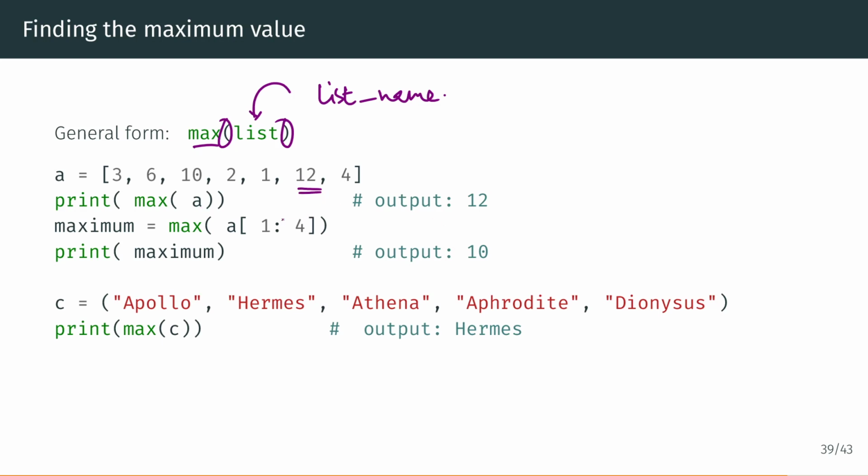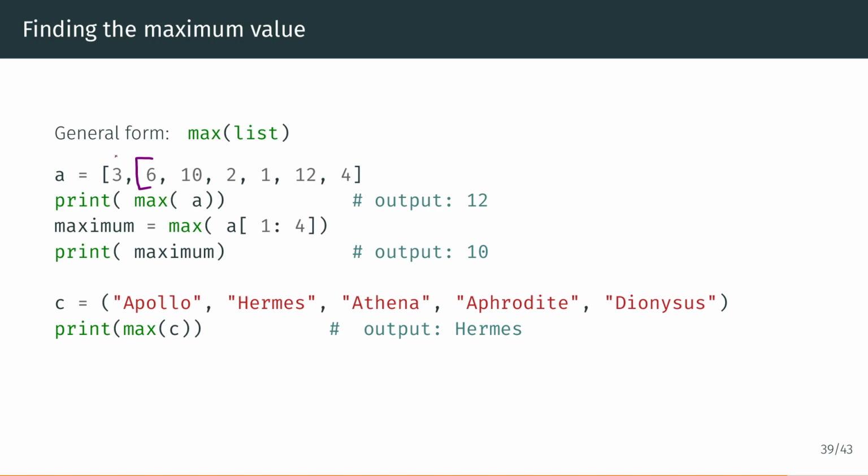You can also use this max with the sublist notation, because essentially a sublist is also a list. It is a slice of a list, but it is also a list. So when you say maximum equals max of A 1 colon 4, it gets a new list starting from the first index, which is this one, and ending before the fourth index.